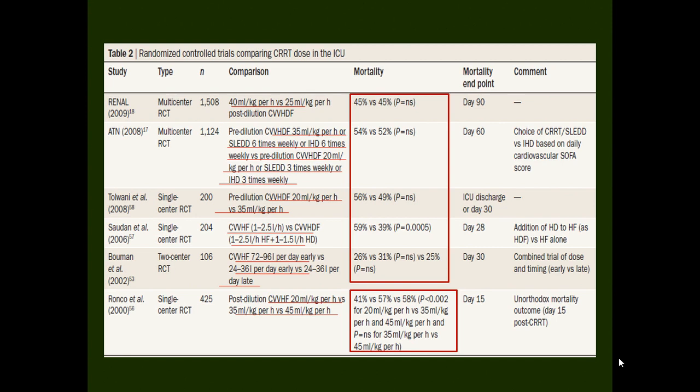If you are doing 40 ml per kg per hour, you are increasing the rate of fluid being consumed. Each bag costs around 5,000 rupees, and you have 3 bags attached to your CRRT machine. So high dose does not make any difference to the patient, but it makes a lot of difference to the attendant. He'll come and fight with you. So do it at 25 ml per kg per hour, that is sufficient.